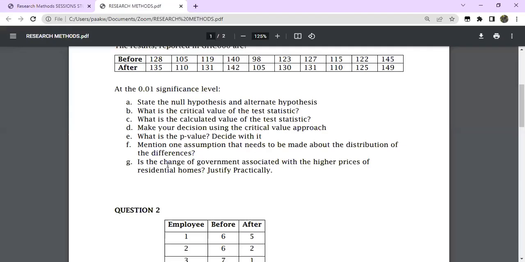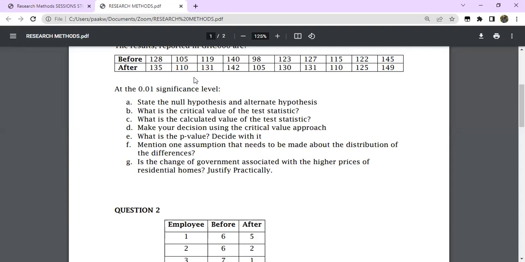Then G. G is what? Let me look at the question. G is saying, is the change of government associated with the higher price of residential homes, justify practically.